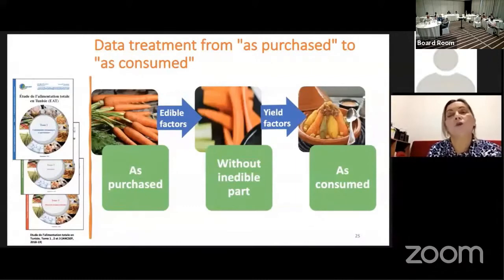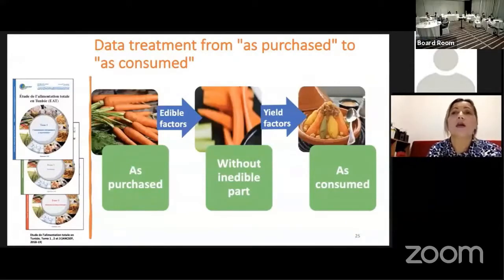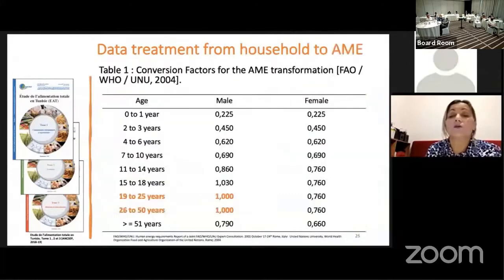If we have more than one value for one item and one method of cooking, we estimate the average and use the average in our conversion. If there is no factor in the international table, we do an experimental study and establish a national edible factor for this kind of food that cannot be found in international tables.